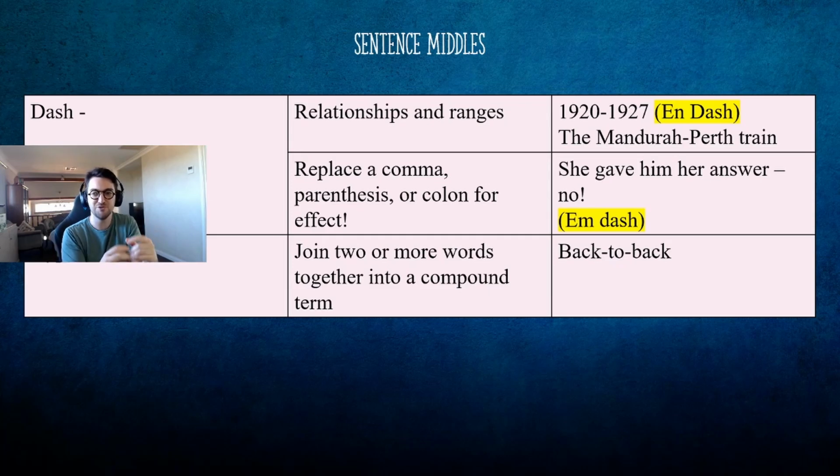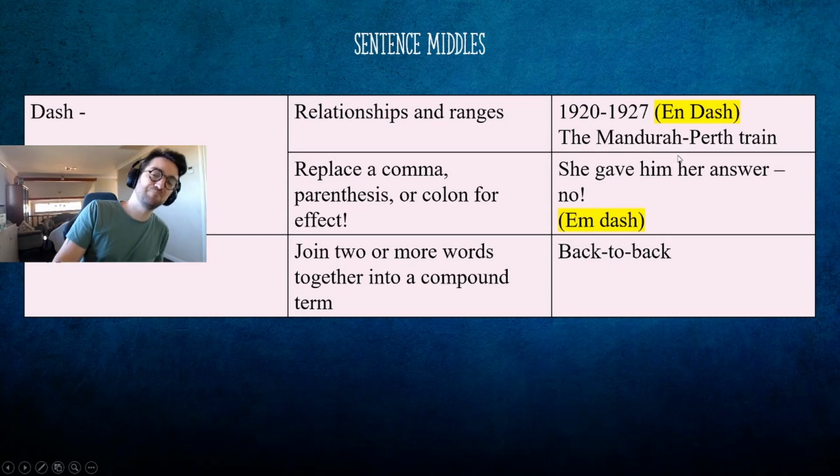It is one term. You'll also see this with proper nouns. So arguably, even the Mandurah-Perth train, you could argue that that is a hyphen. Yeah, so hopefully that's clear. It doesn't really matter whether you call it a hyphen or a dash, but if we're going to get pedantic about it, that's what it is.